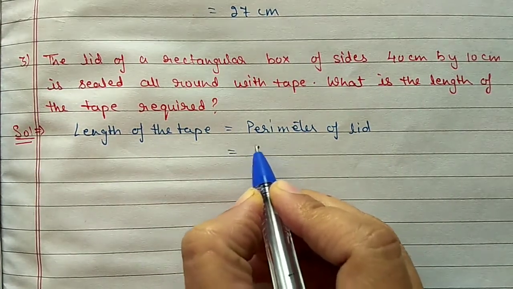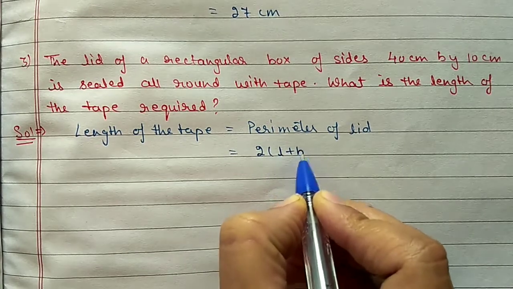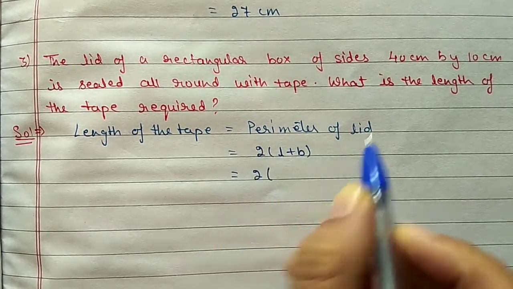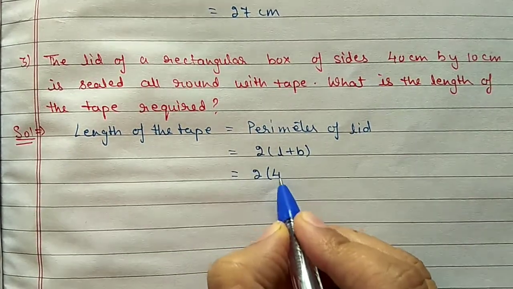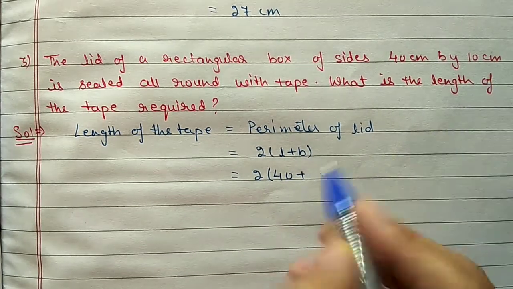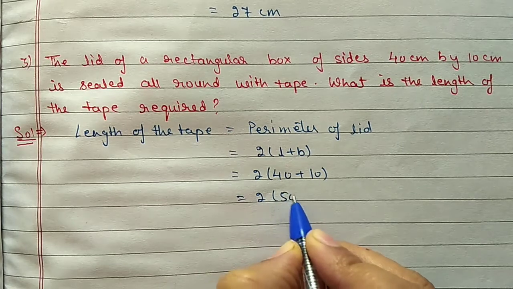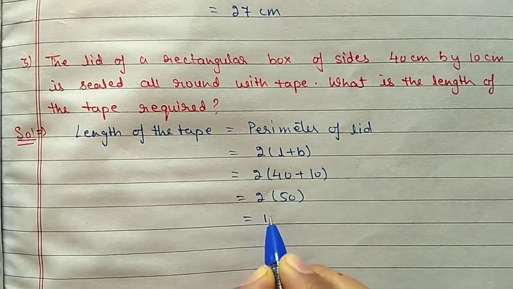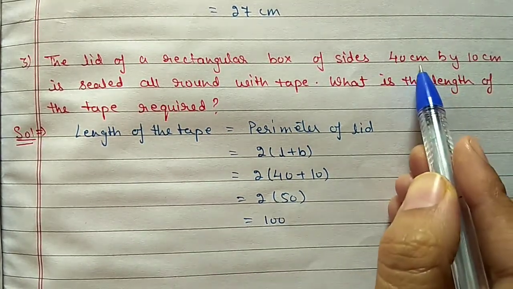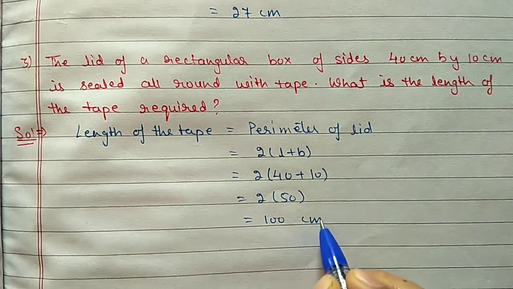Formula we will use 2 (L plus B), and length is given 40 centimeter and breadth is given 10 centimeter. So 40 plus 10 will become 50 and 2 into 50 will become 100, and unit is given centimeter, so it will come in centimeter.